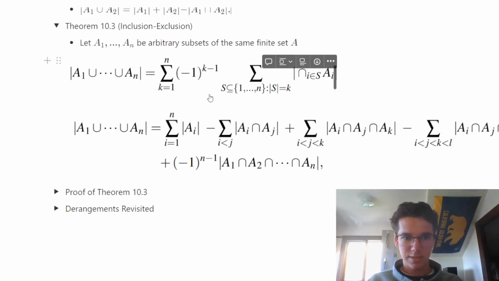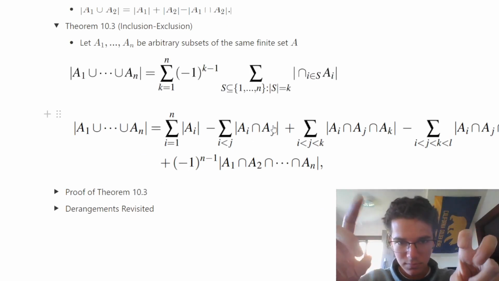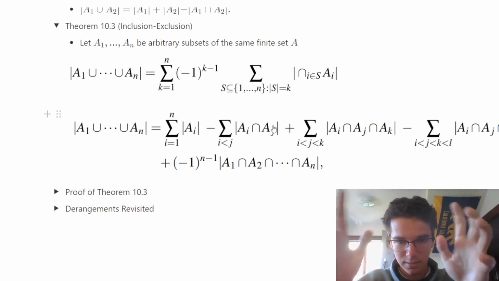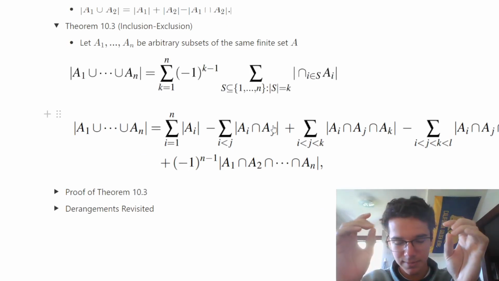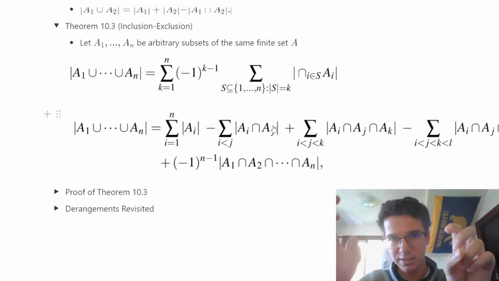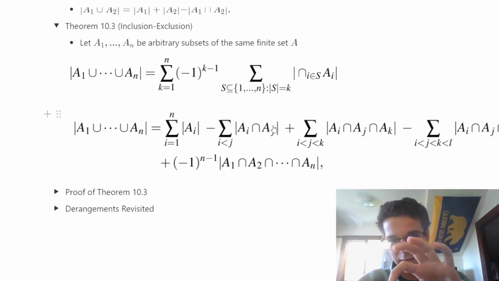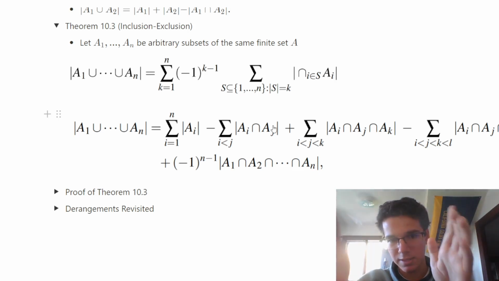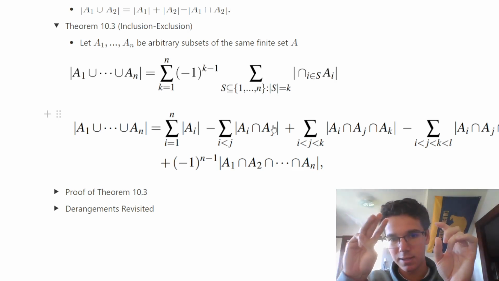So basically what that takes the form of is we're going to take the size of the A ith subset, subtract the size of the intersection of the A ith and A jth, and then add the sum of the sizes of the next three.